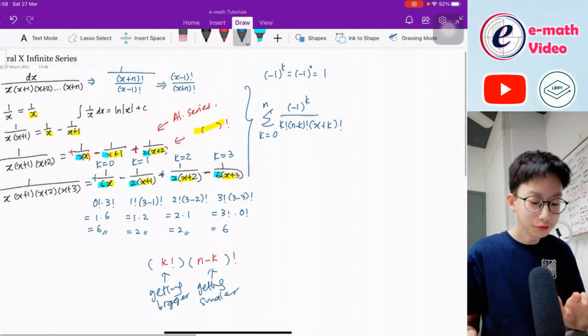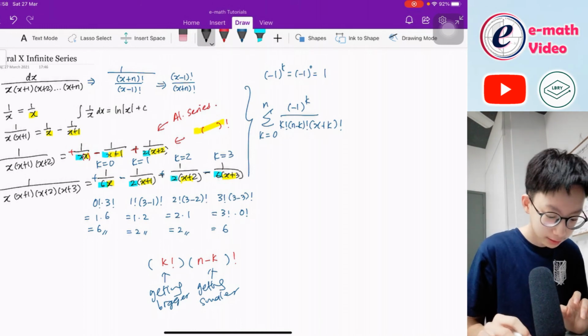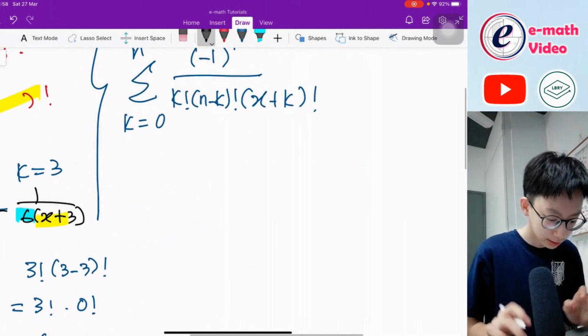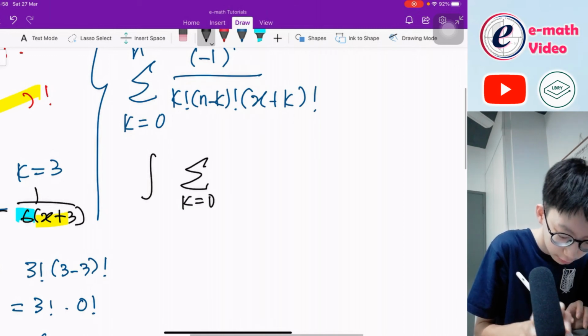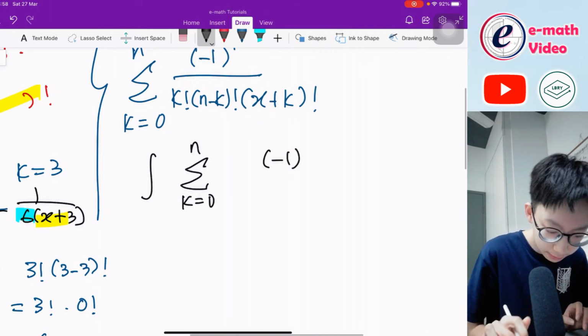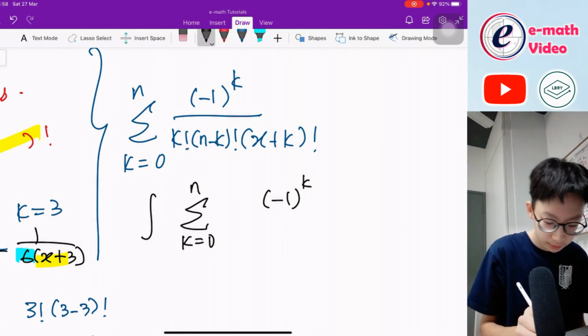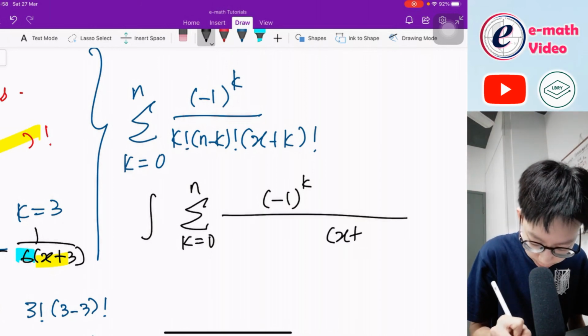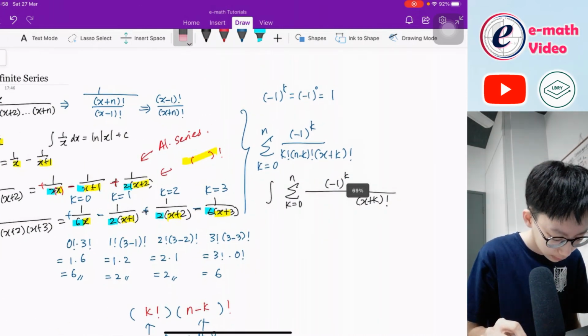What we have to do is to integrate this. Okay, so let me write it down again. I will just write it here. You integrate the summation k equals 0 to n of negative 1 to the k. Again, it is an alternating series. Then 1 over x plus k. I don't think it has a factorial here. Okay, sorry about that.